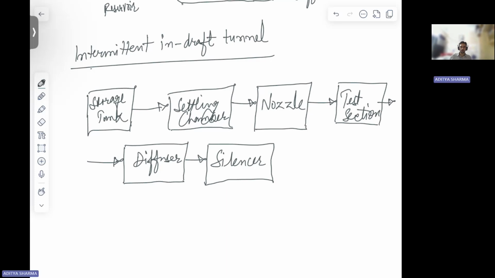So your supersonic wind tunnels, when I was doing my master's in BIT Mesra, they had two supersonic wind tunnels, and when they would operate one of these supersonic wind tunnels, because they did not have this silencer, it would create a lot of noise in the whole lab, right? So this is there.